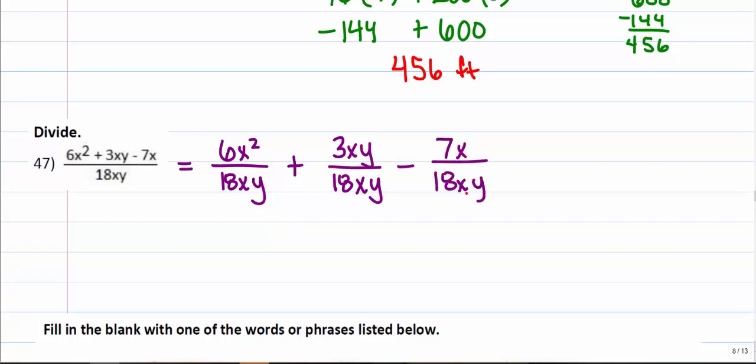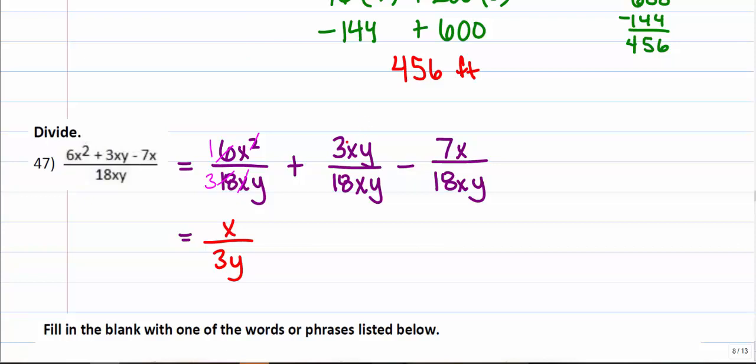But all I'm doing here, guys, is this. I'm just dividing. So I'm just reducing these. Like, that's 1 and that's 3. And then I can take out an x. So for this first term, I end up with x over 3y. That's what's left when I simplify.